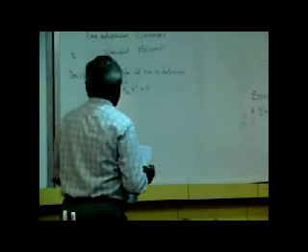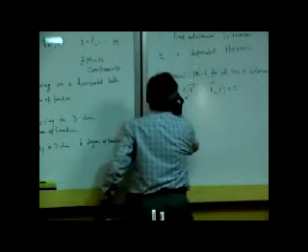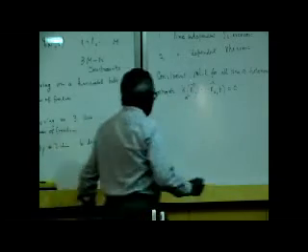But it should not involve velocity. The constraint equation should not involve velocity. These are the nature of constraints that I will be dealing with. So these are the equations of constraints.